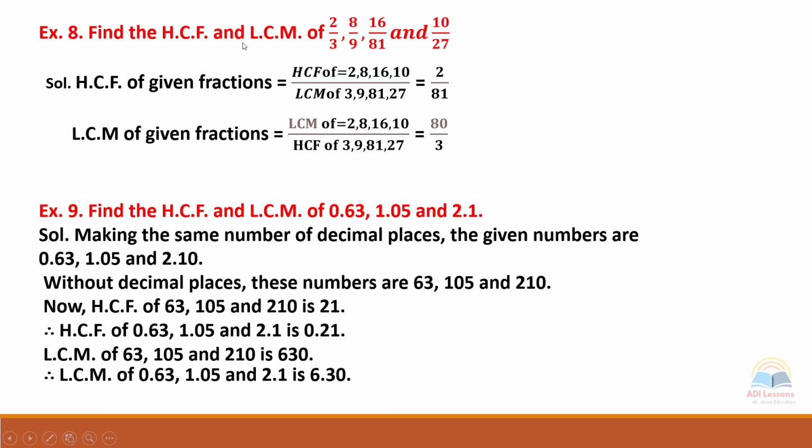Find the HCF and LCM of 2 by 3, 8 by 9, 16 by 81 and 10 by 27.